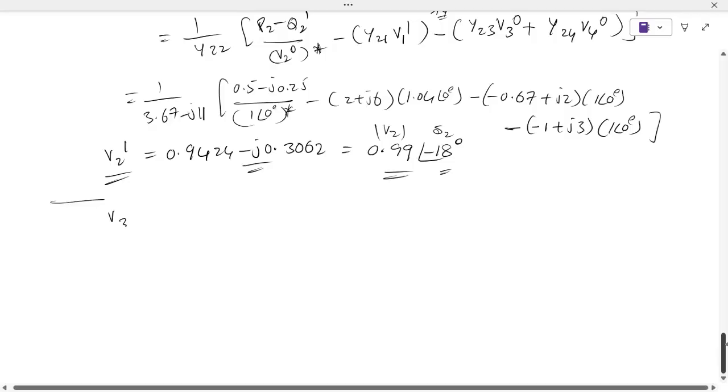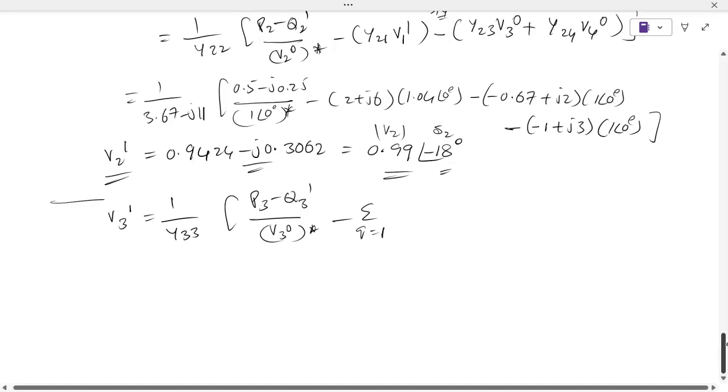V3 and V4. Now V3 (1) is equal to 1 by Y33, and the remaining is simple. You can do that. V3 minus Q3(1) by V3(0) conjugate minus sigma Q is equal to 1 to P minus 1.